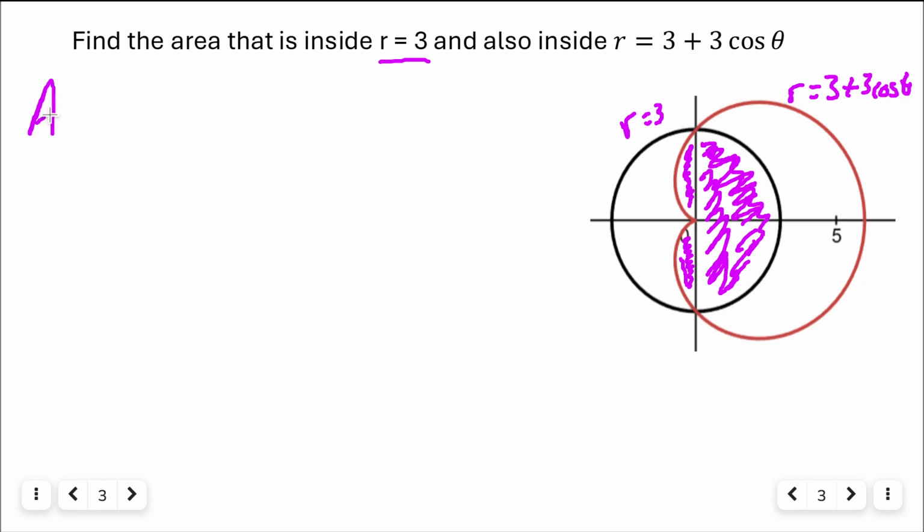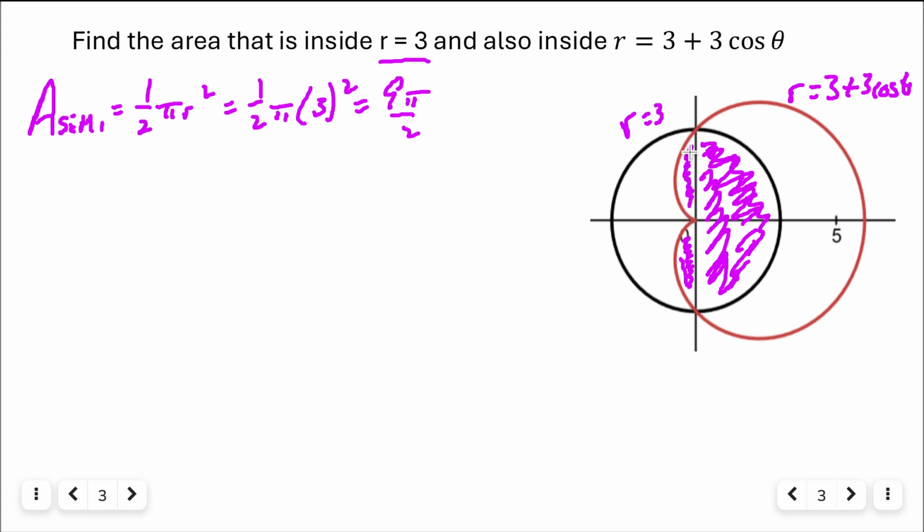So then the area of the semicircle would be 1/2 pi r squared, or 1/2 pi times 3 squared, which is 9 pi over 2. That's the area of the semicircle. But now I also need to know this small area here, this little area.